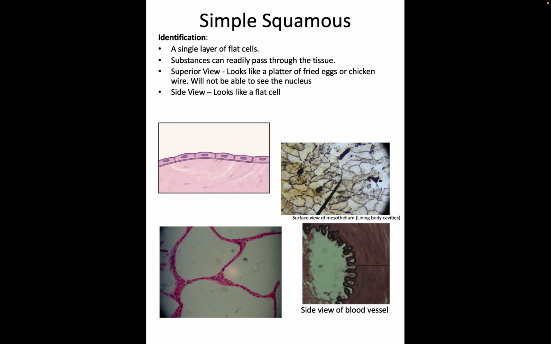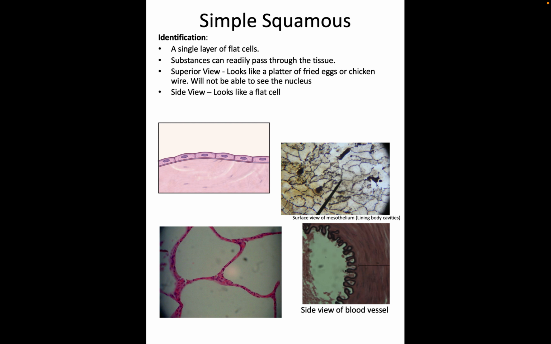All right, so simple squamous epithelium, as its name implies, is simple, so we only have one layer, and they are flat, right? They're squamous shaped. Okay, so when you look at them from a side view, they look very flat and squished. All right. So if you think about this relationship of anatomy and physiology that we've alluded to several times in previous lectures, and we'll talk about for the rest of the lectures, the anatomy dictates the physiology, right?